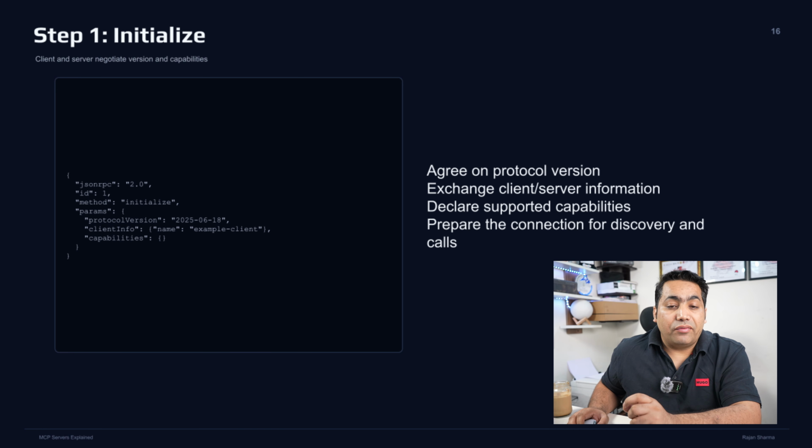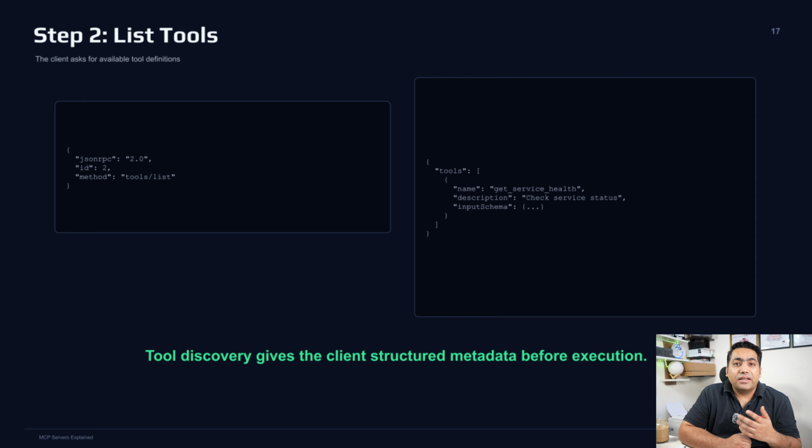After initialization, the client can ask, what tools do you provide? This is what tool list does. The server responds with tool definitions. Each tool has a name, a description, and an input schema.